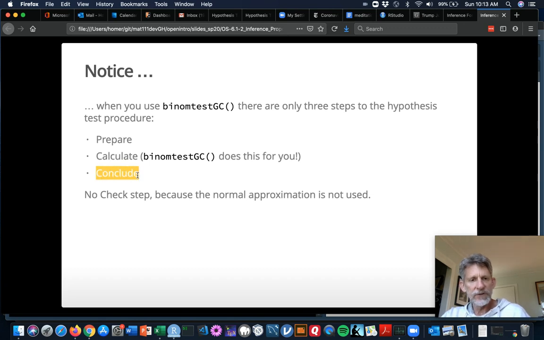There's no elaborate check step because the normal approximation is not used, but as in every statistical situation, we're assuming that you have taken a random sample from the population, not some biased sample, and so that always needs to be thought about. After all, if our sample was a sample of, say, Kappa Delta students from Georgetown College, that would be a very biased sample of the population. It would only let in those sorority members, and our data on the sex of students would be really, really skewed.